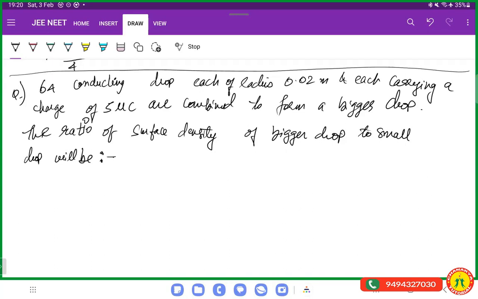Yeah, it should be 4:1, I guess. This one, 64 conducting drops. So 64 drops like that become one big drop, with big Q as 64 small q.